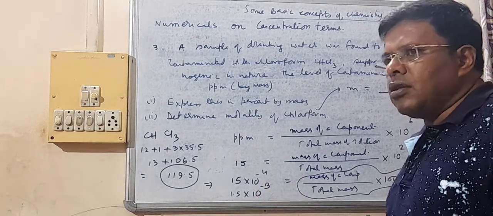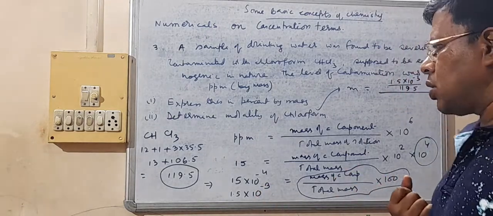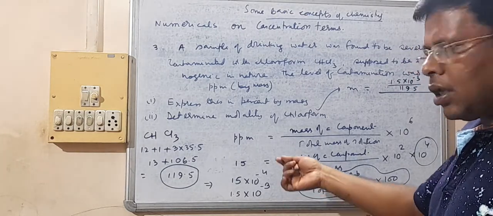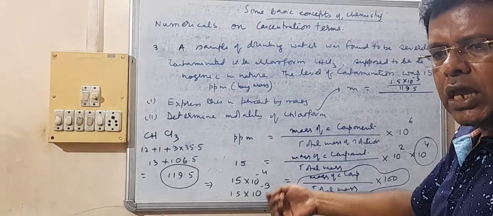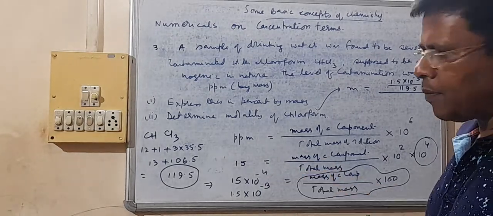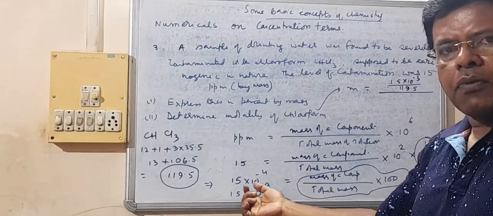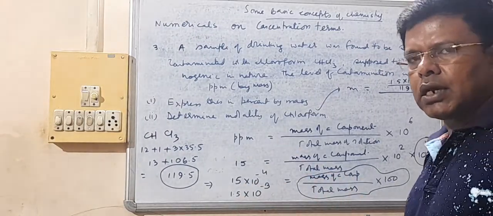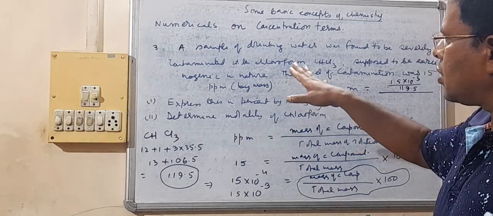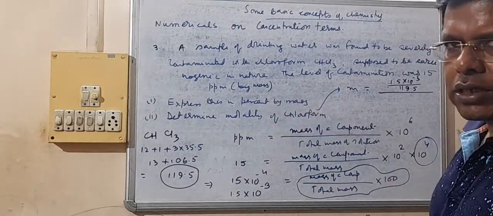Now here we can do one approximation. We have to do approximation because other data is not given. That 100 gram of solution, we can take it nearly equal to 100 gram of solvent, because the solution is very dilute.